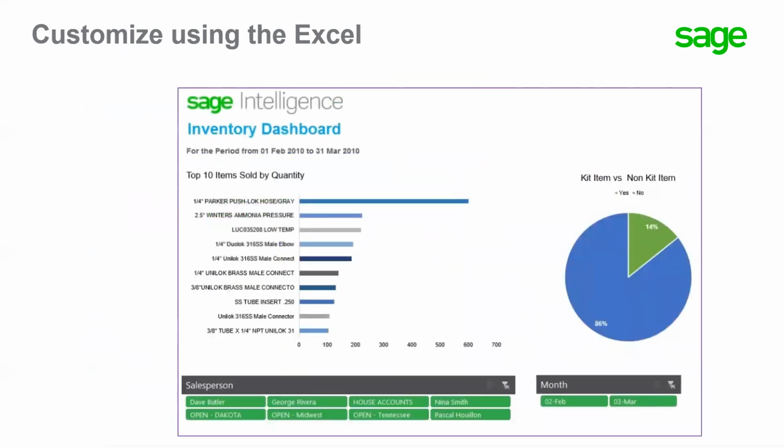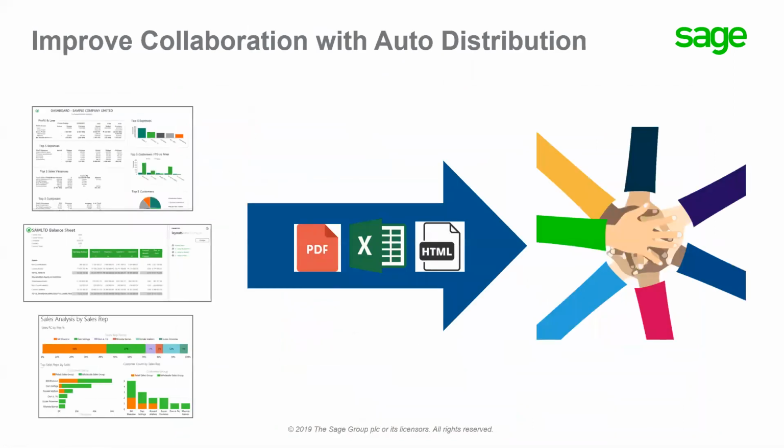And here's an example of a simple dashboard we've created based on that for inventory. So you can see the color, the interaction at the bottom, where you could see the inventory by salesperson, by month, etc.